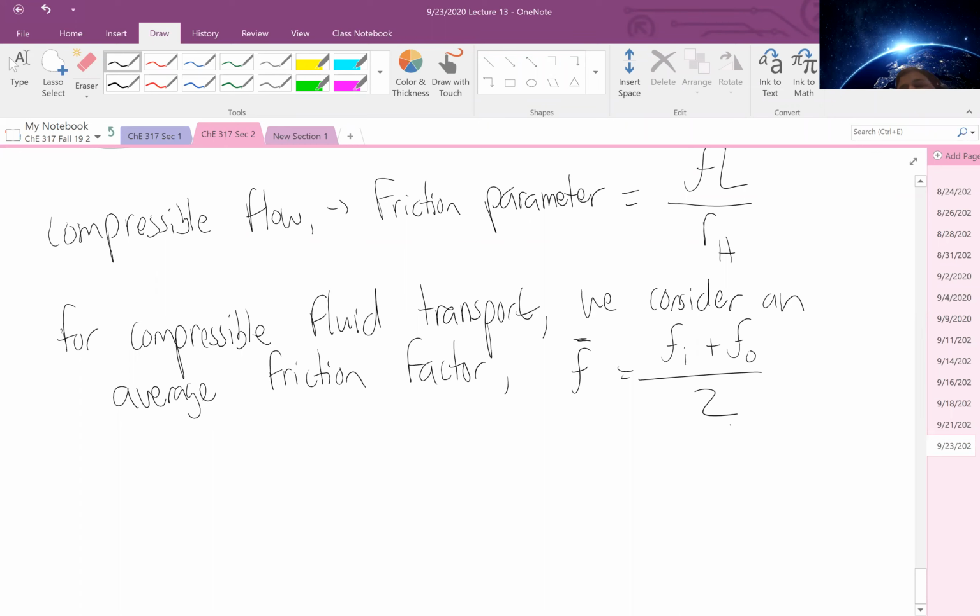Since the fluid velocity is changing and the density is changing, in actuality the friction factor is changing as well. However, it's a lot easier to obtain reasonable approximations for our frictional dissipation if we consider an average value and base our calculations off of this average.